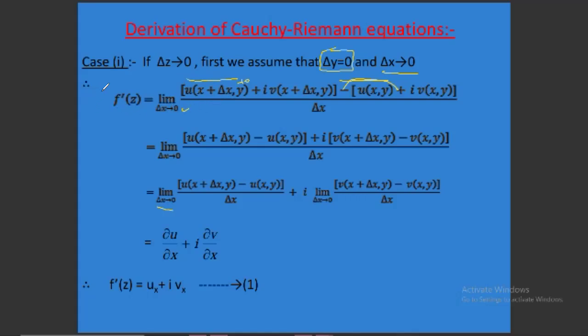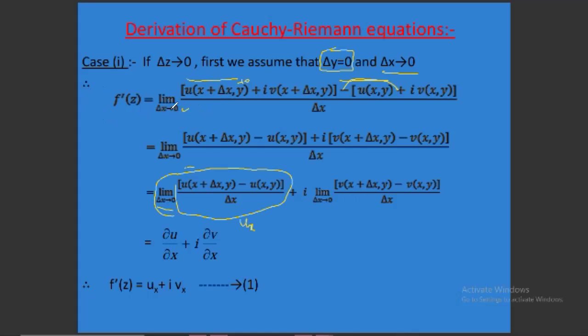Now, the value of this is nothing but the whole term. This limit as del x tends to 0, I am going to convert as u x. This is partial differentiation with respect to x.